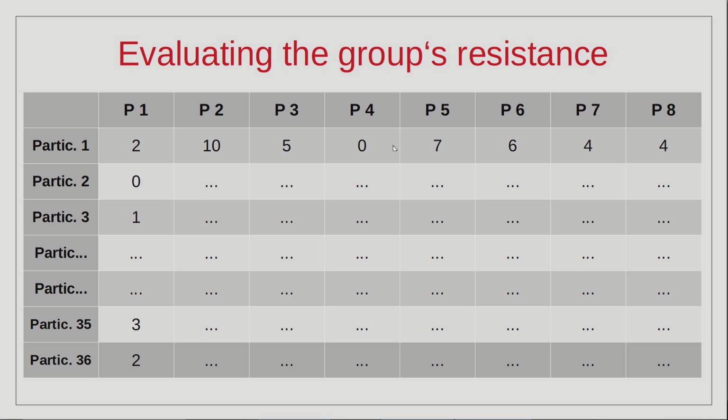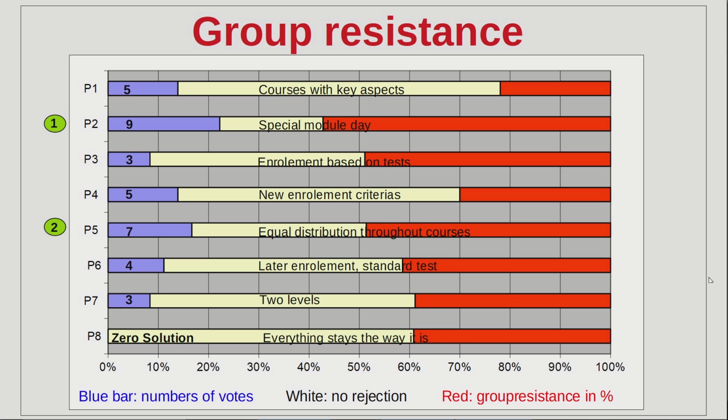All right, so what happens? The resistance of each person is being added, and this way we're coming to a result. How does it look? The group resistance. This is still the result from the majority voting. And now in red we see the calculated group resistance. How do we get to this?